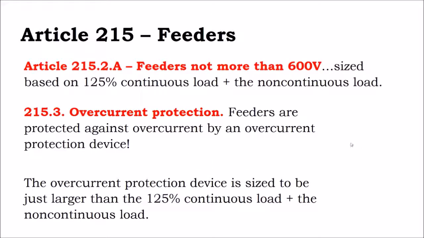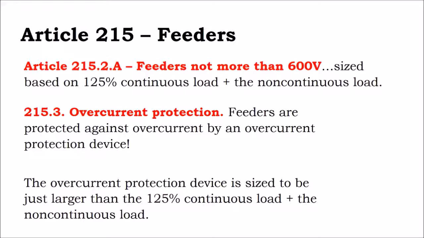And so now we're getting into section 200, and we've defined all of our terms, and we've talked about clearance requirements and general installation rules and regs. And now we're getting into how do we supply power to our load.